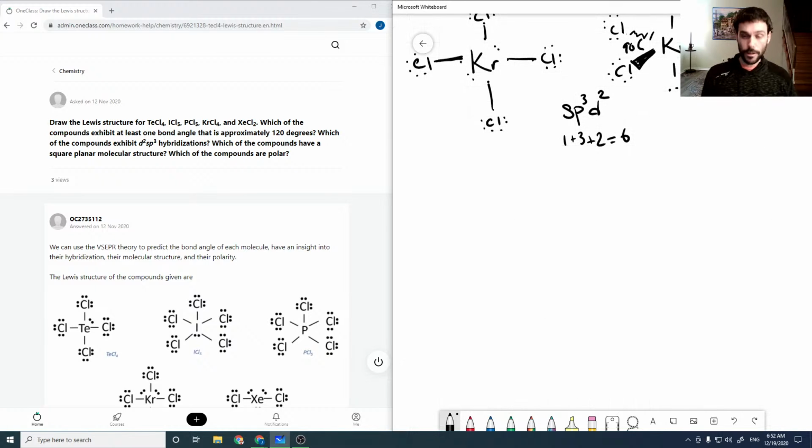And then for the last one, Xenon Chloride. So we've got 8, and 2 times 7 is 14. So then in total we have 22 electrons. So our xenon has 8, but obviously needs 2 bonding partners. So then there's our 8 electrons.